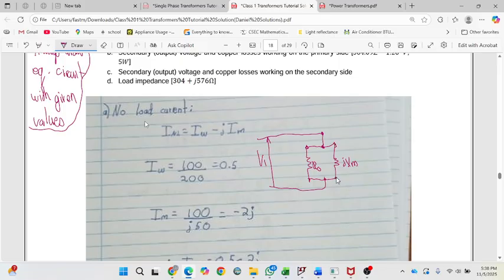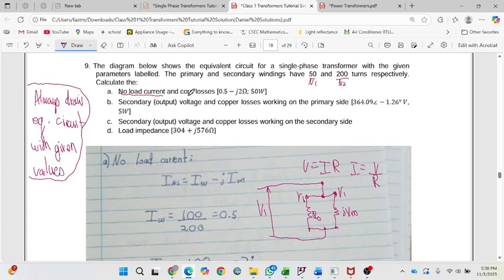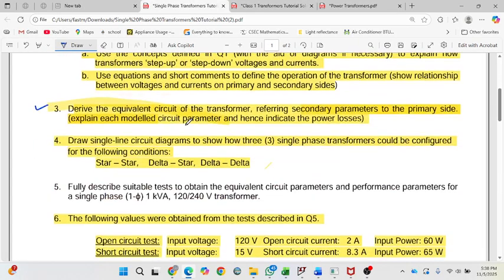There's V1 here and V1 here, because it's in parallel. If you wanted to calculate the current in each of them given the voltage and the actual value, you just divide, because V is equal to IR. So I will be equal to V on R or V on X, however the case is.